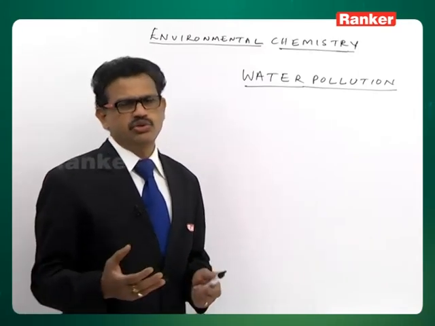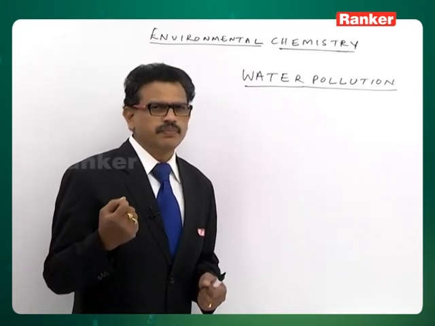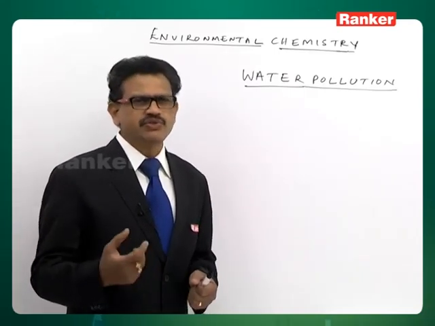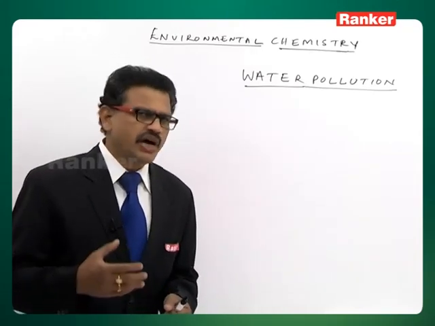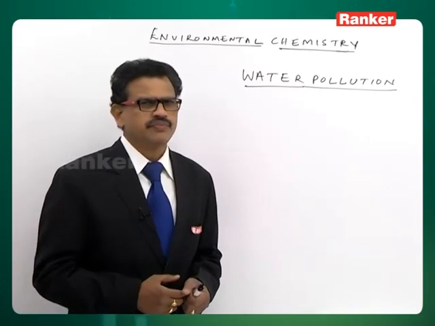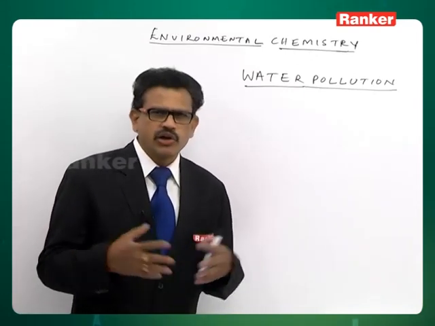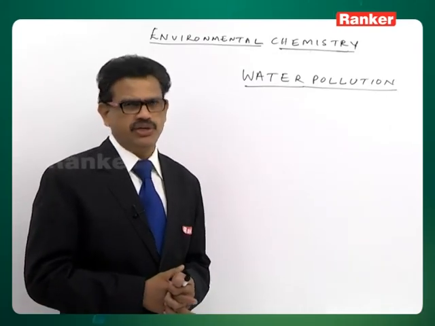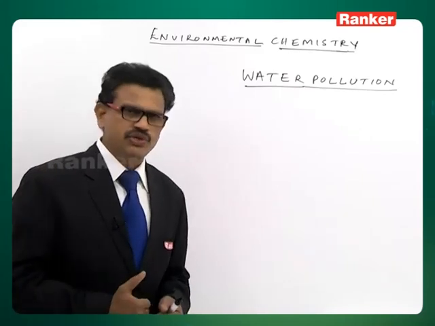It may cause damage to life in the water. The fish may die, the plants existing in the water may die because of the organic pollutants. In the beginning we learnt the terminology chemical oxygen demand, biochemical oxygen demand, COD and BOD. Those COD and BOD terms are related to organic pollution.